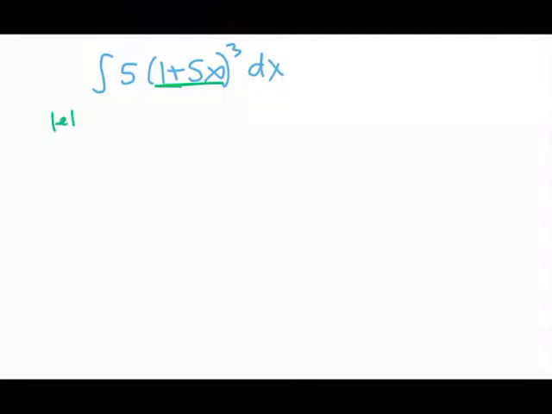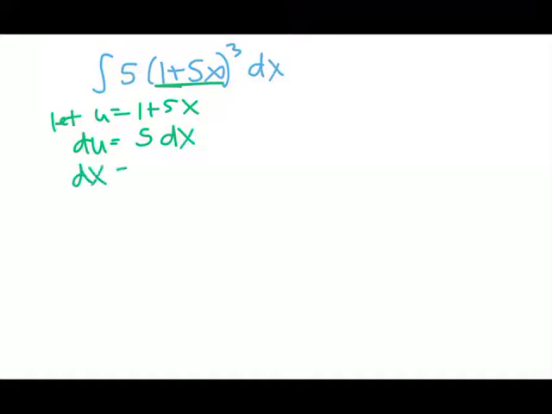So let's let u equal 1 plus 5x. Well, now, if I took the derivative of that with respect to x on both sides, I would get that du is equal to 5 dx, which means that dx is equal to du over 5 if I divide both sides by 5.